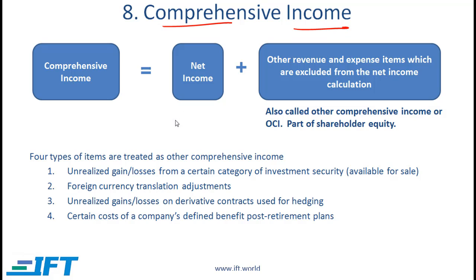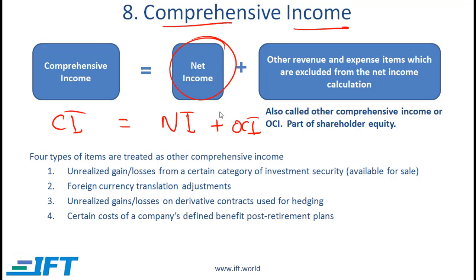Comprehensive income. Here is a topic that we'll cover in this reading on the income statement, and then when you see this item in the next reading on the balance sheet, it will make more sense. Comprehensive income is equal to net income plus other comprehensive income.